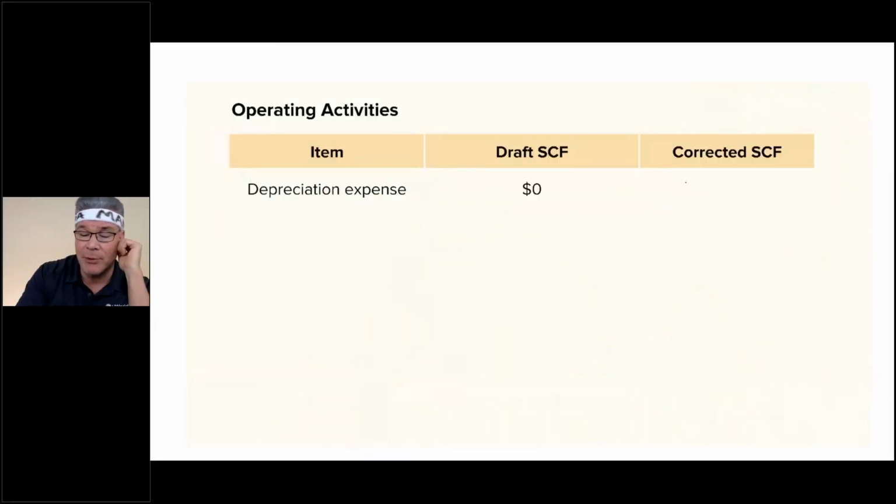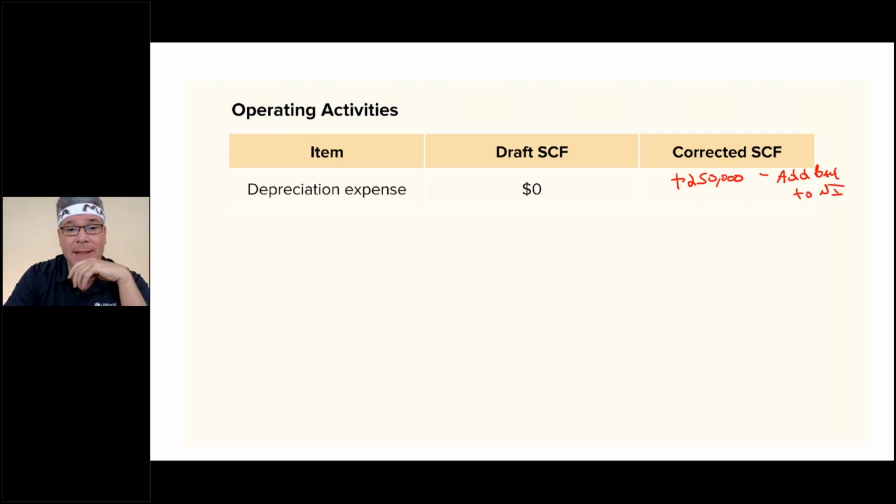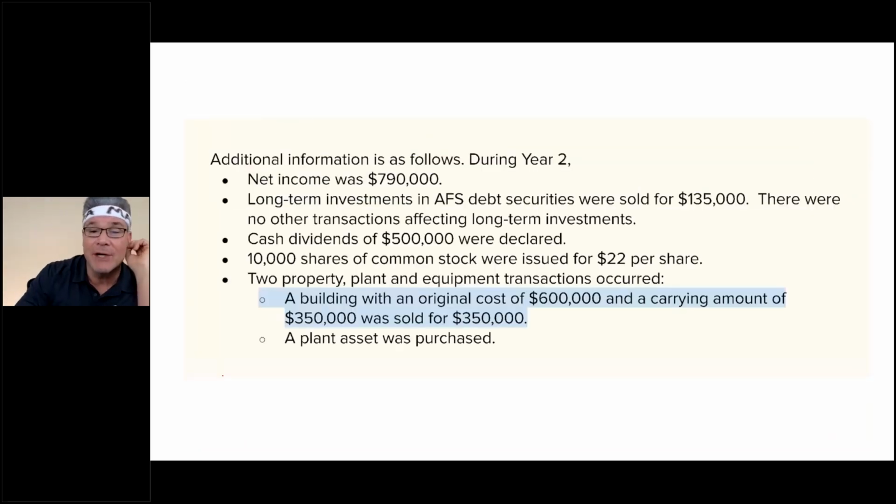So the corrected amount, 250,000, we have to add back to our net income. That's the first thing we have to correct, right? Got it? All righty. So this is all part of that given information again.